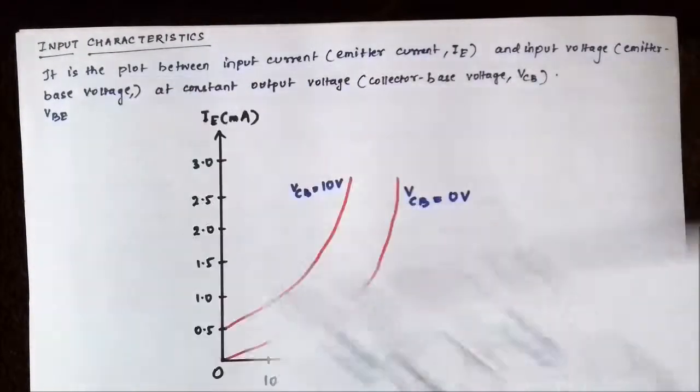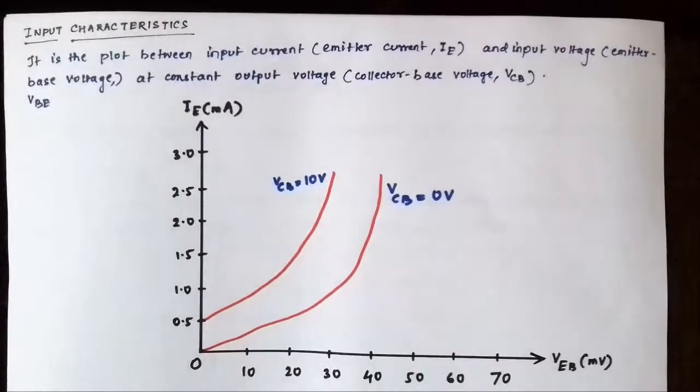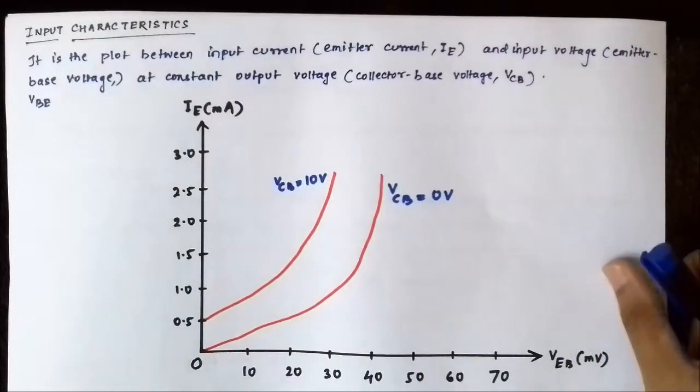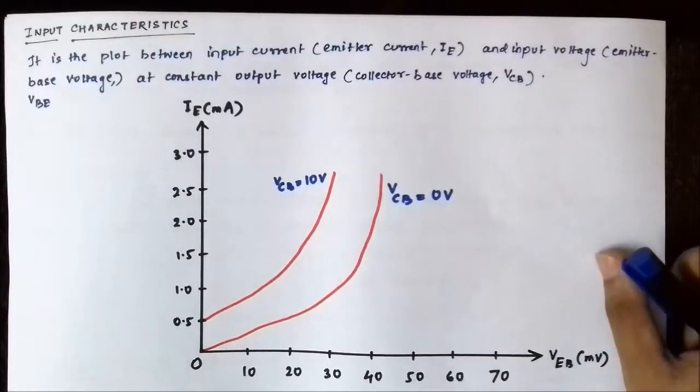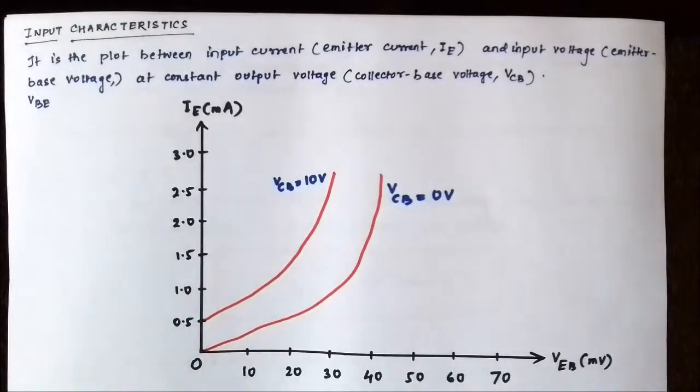Okay, so first the input characteristics. The input characteristics is a plot between the input current and the input voltage. Now for common base mode BJT, as I said earlier, the input current is the emitter current and the input voltage is the emitter base voltage.